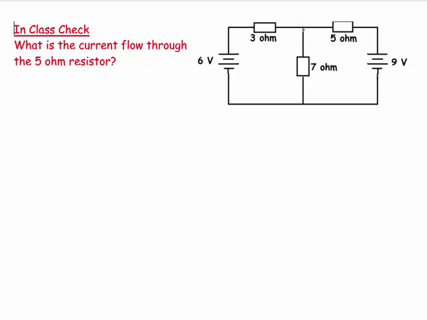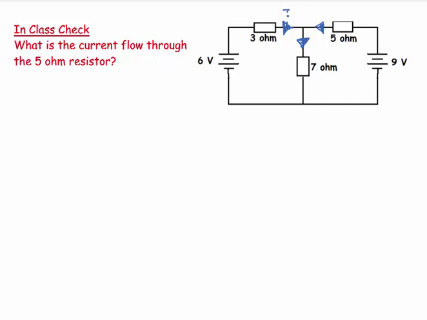A junction rule is all about places like this where the wires come to a single point. That's a junction. And basically what we have to do is decide what direction we think currents flow into and out of the junction, and we have to give the different currents names.